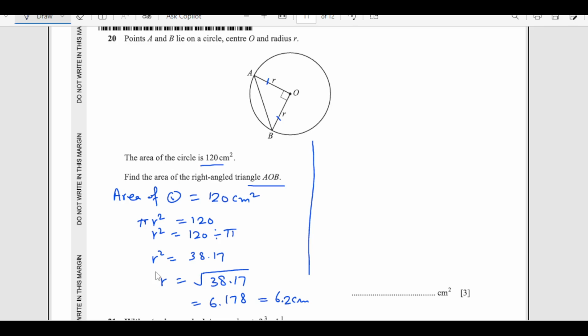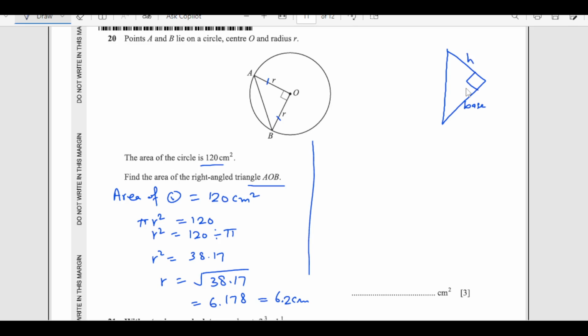After rounding this, find the area of the right angle triangle. So now as we got r is the side of this triangle. So we have triangle AOB like this, right? So this is the base and this is going to be the height.